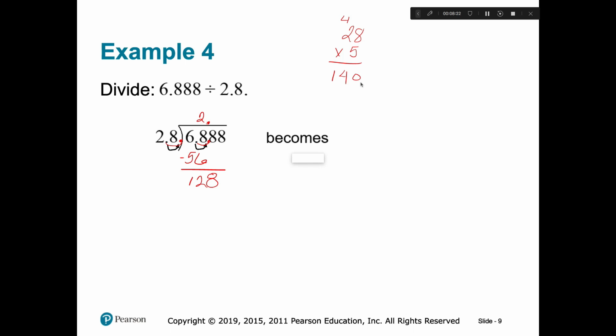Let's do 4. 112. Looks good to me, so we're going to put a 4 there. 112 down here. Subtract and I get 16. Drop the 8.